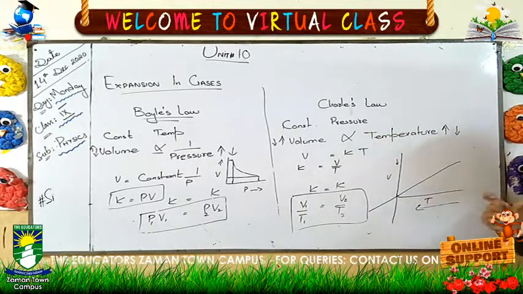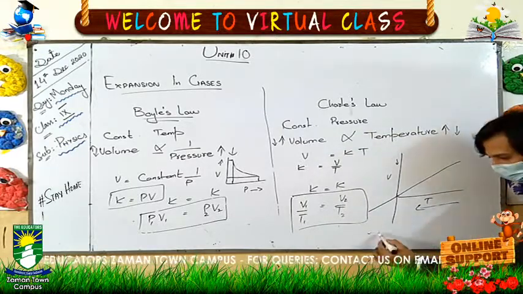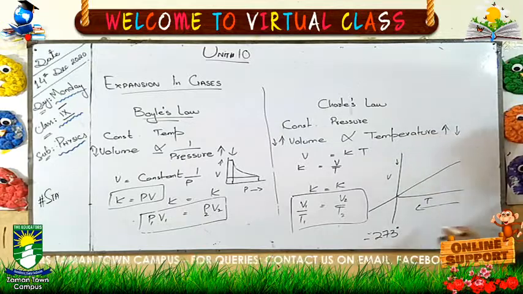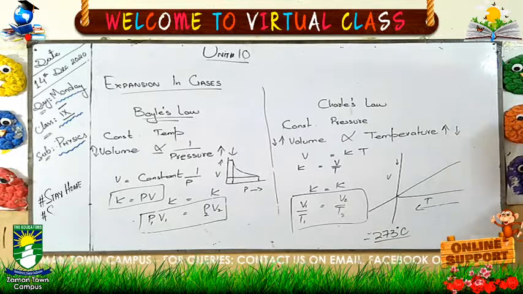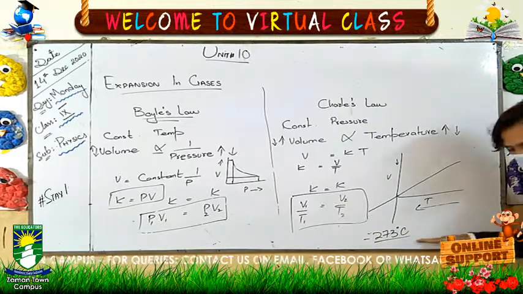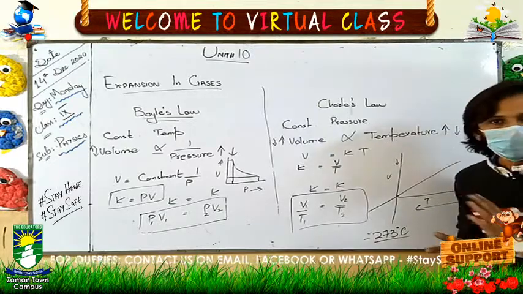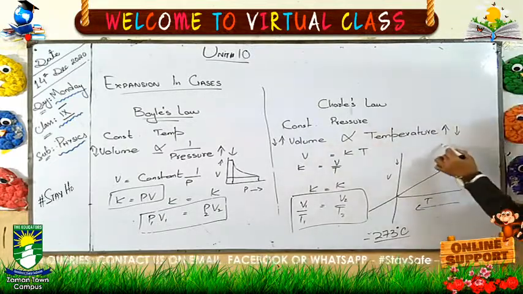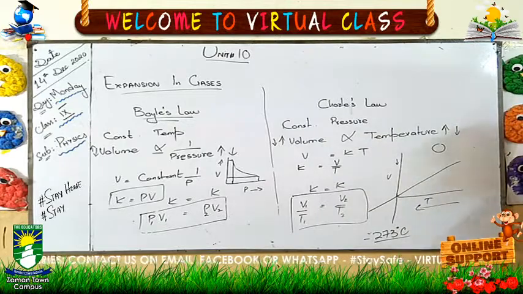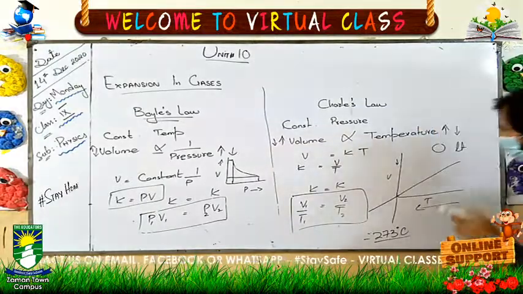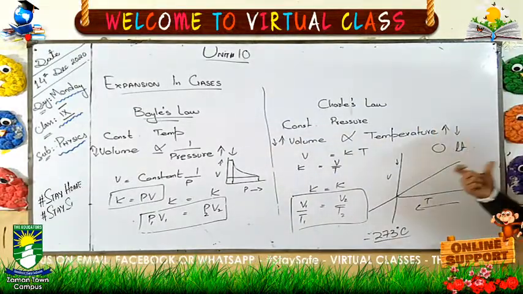At a point, that point is minus 273 degree centigrade. At this point, if I extend this line, what will happen? The volume of a gas will become 0 liter, or we can say other thing, it will become 0.